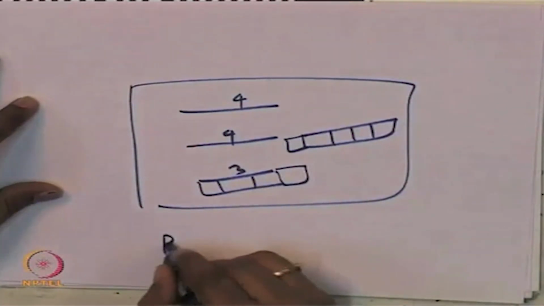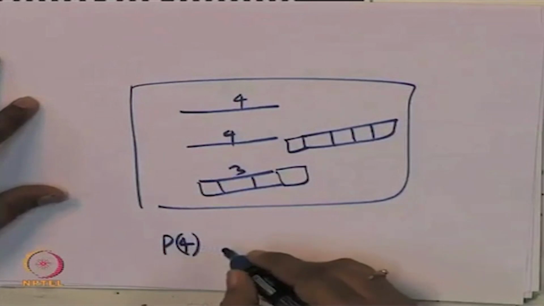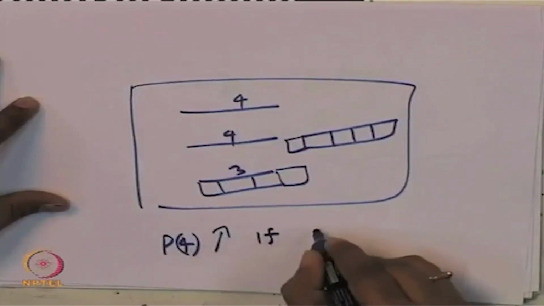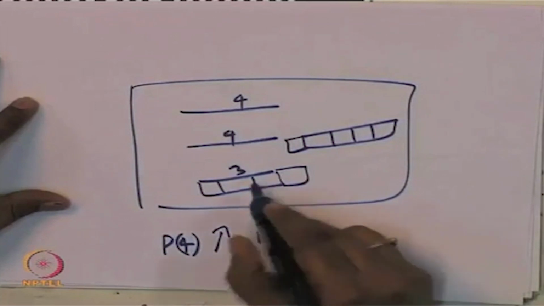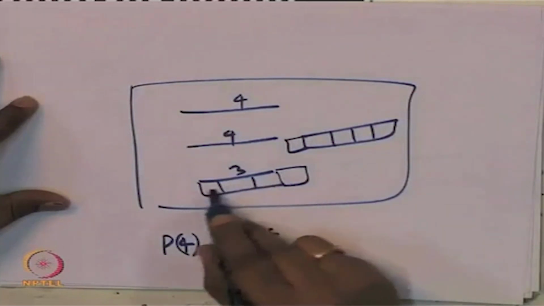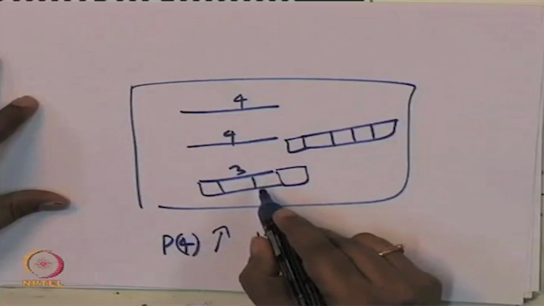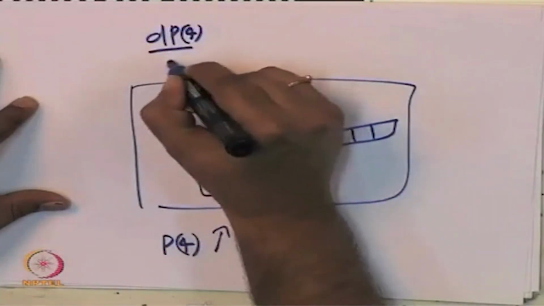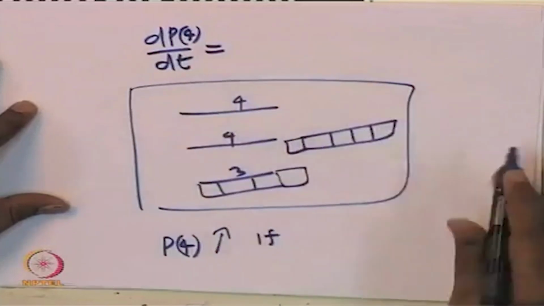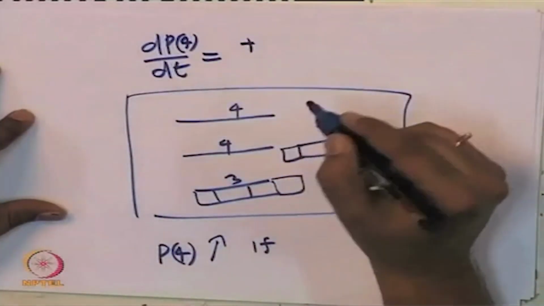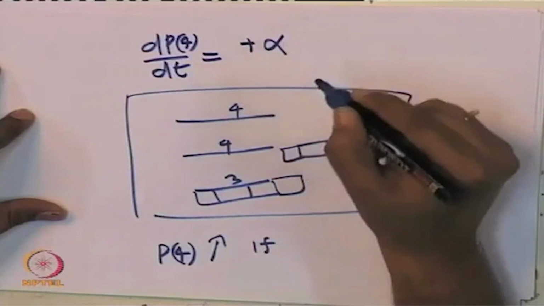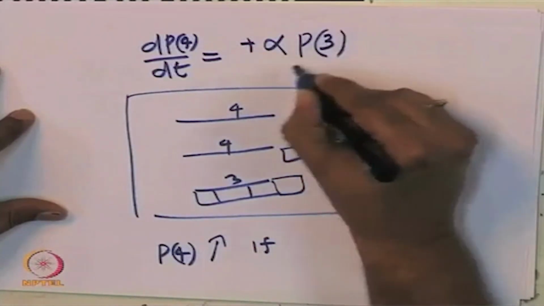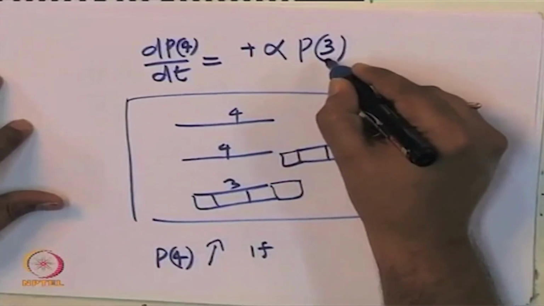So P4 can increase if there is a polymerization on a filament having length 3. So dP4 can increase, plus if there is a polymerization, that is alpha, on a filament with 3 monomers.